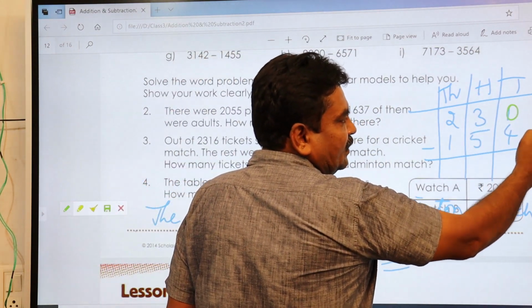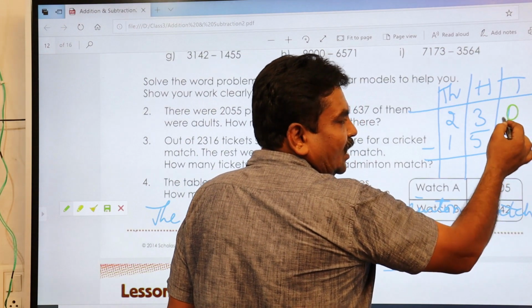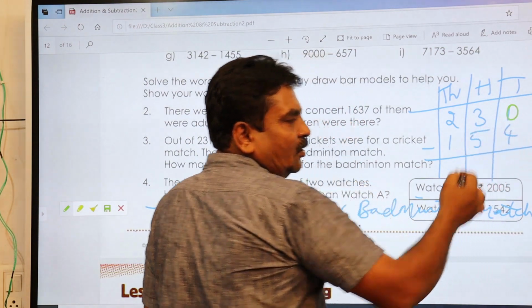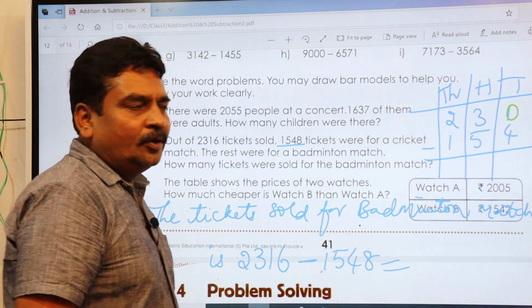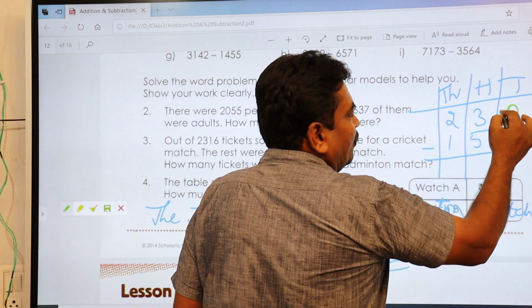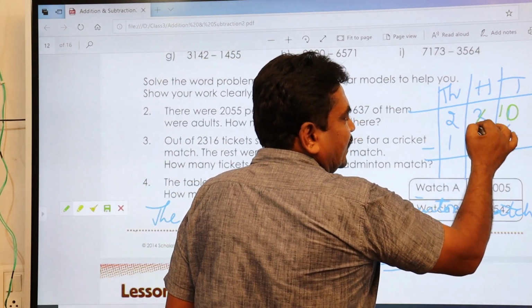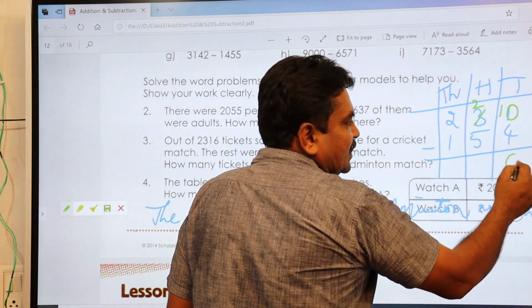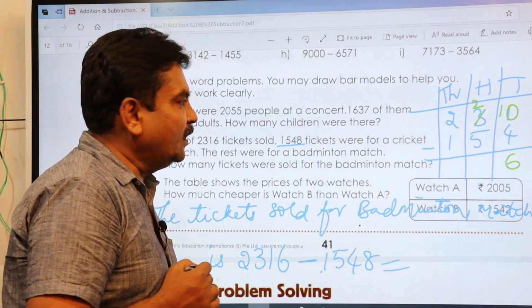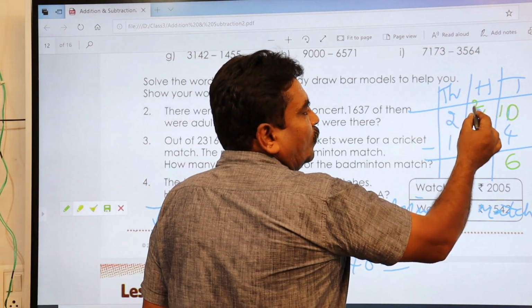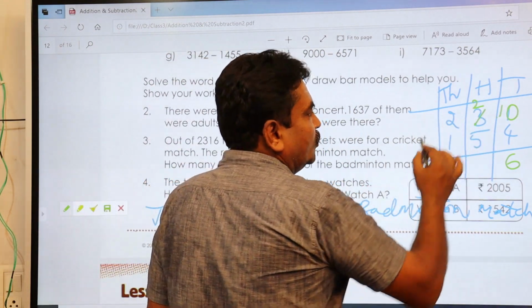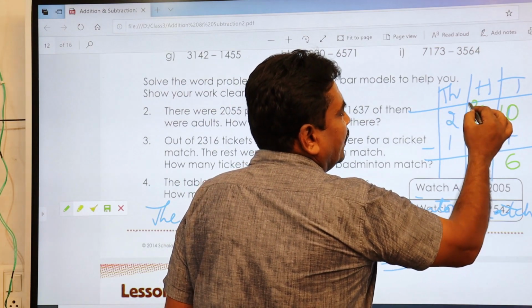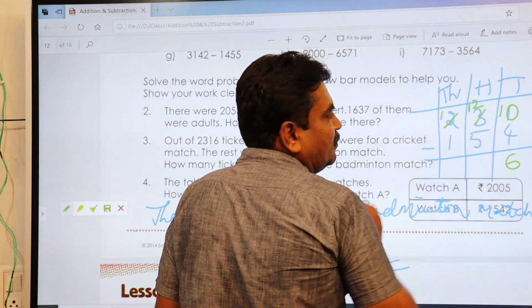First we'll do this. 16 minus 8 is 8. Here you have the new number 0. From 0 you cannot remove 4. So you have to carry one more number from here. Then this 3 becomes 2. Keep it as it is. First you do this: 10 minus 4 is 6. Here is 2. From 2 you cannot remove 5, so you carry one number from here. It becomes 12 and this becomes 1.